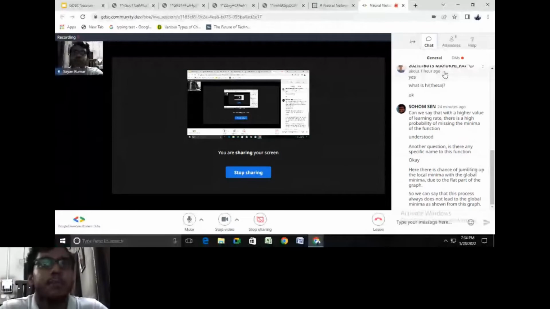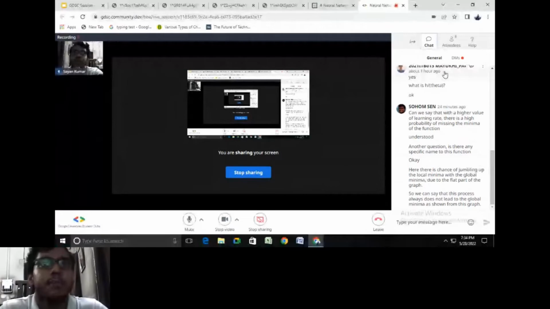So training a model with batches improves the performance of the model with the given set of training examples that we have. And there's another term which we call epoch.